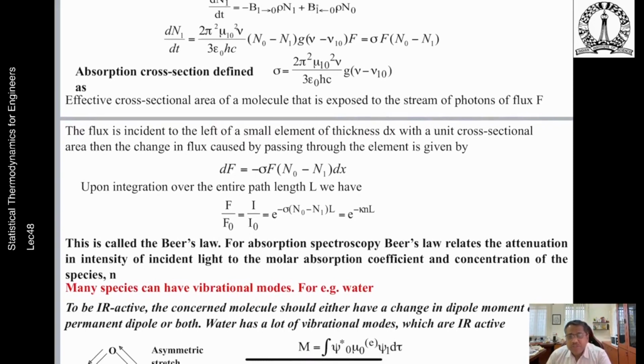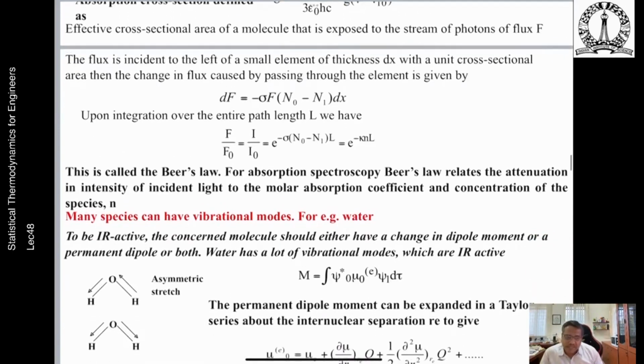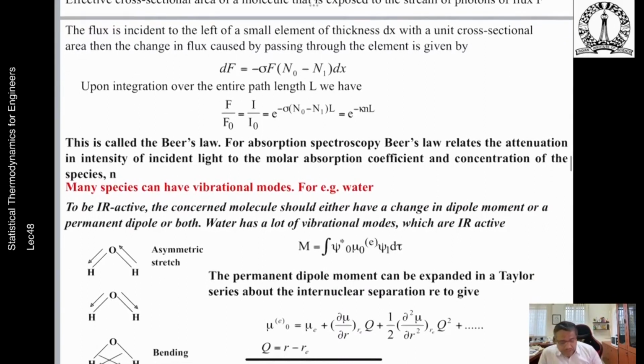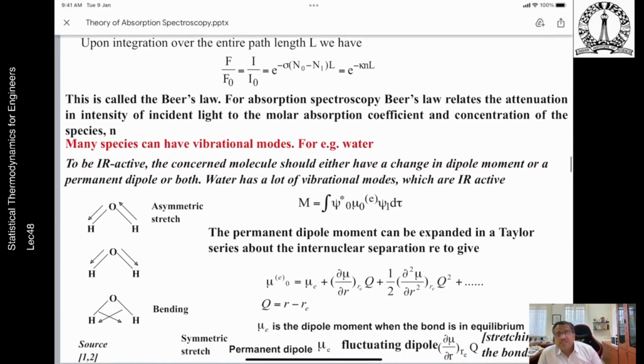For absorption spectroscopy, Beer's law relates the attenuation in the intensity of incident light to the molar absorption coefficient and the concentration of the species N, whatever that species may be. Many species have vibrational modes, for example, water. In order to be IR active, the concerned molecule, we already said, should have either a change in the dipole moment or a permanent dipole or both.